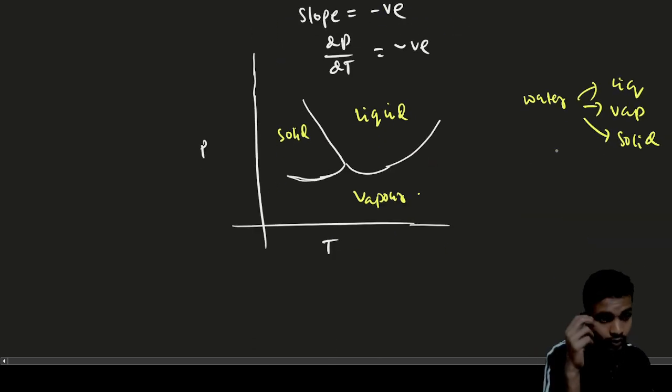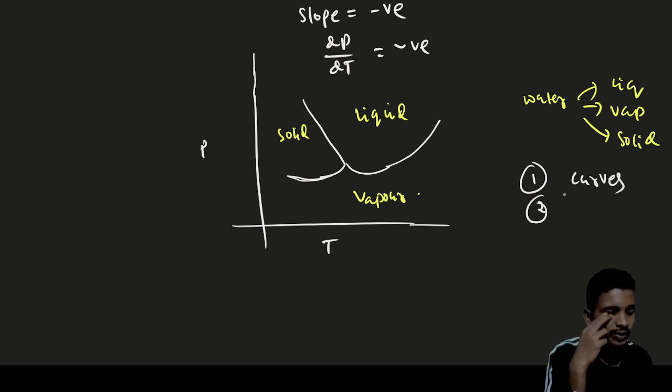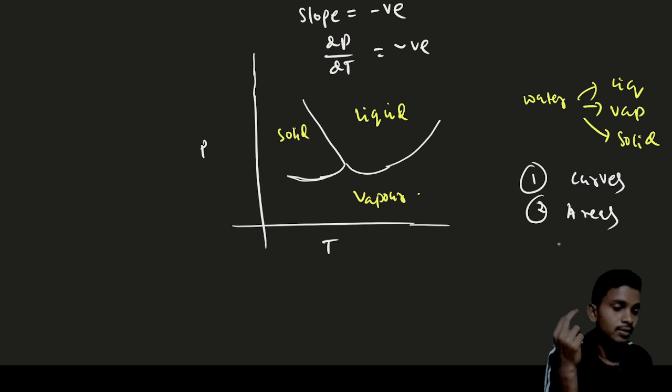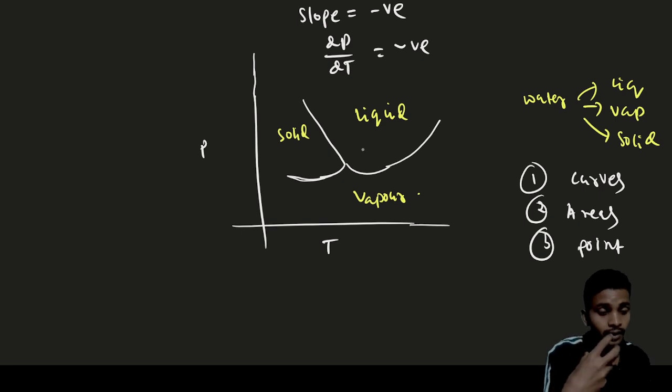Now actually here you will discuss three things: one is the curves, secondly the areas, and third the point. At the curves, what are the equilibrium conditions; at the areas, what do they explain; at the point, what does it explain.